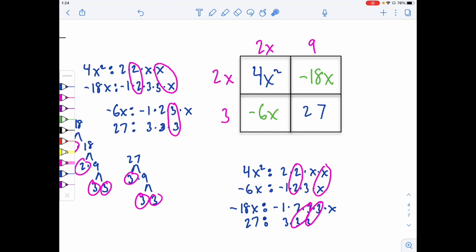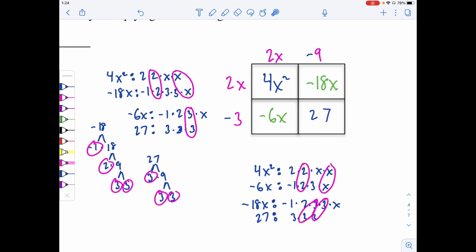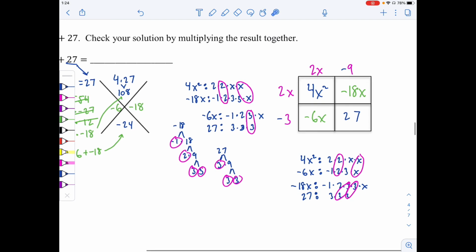If there is a negative in the first box, we're going to put a negative here and a negative here, and that's going to work. So 2x times negative 9 gives negative 18x. Negative 3 times 2x gives negative 6x. Negative 3 times negative 9 is positive 27. So you might have to adjust the signs to fit your factors so it multiplies correctly, right?